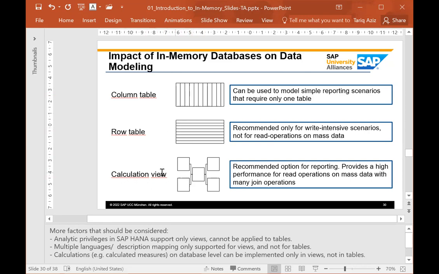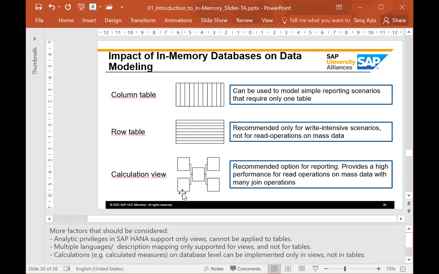From these tables, whether it's a row table or a column table, we will create the calculation view. This is our task, okay? This will bring the output or analytics we want for decision making.